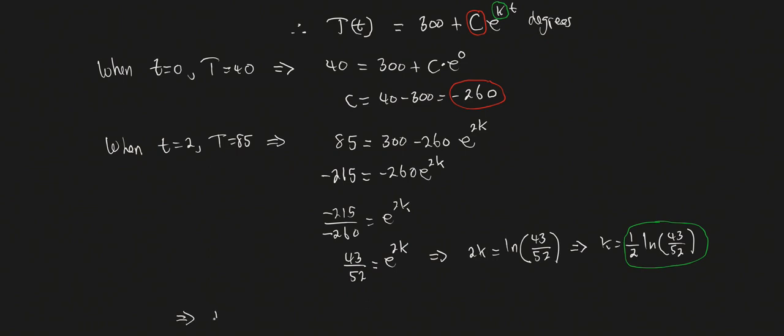So this implies that our temperature as a function of t is 300 minus 260, and then I have e to the 1/2 ln of 43 over 52, all of that times t, right?